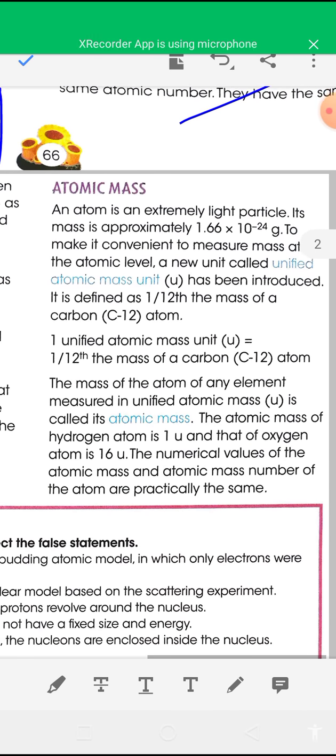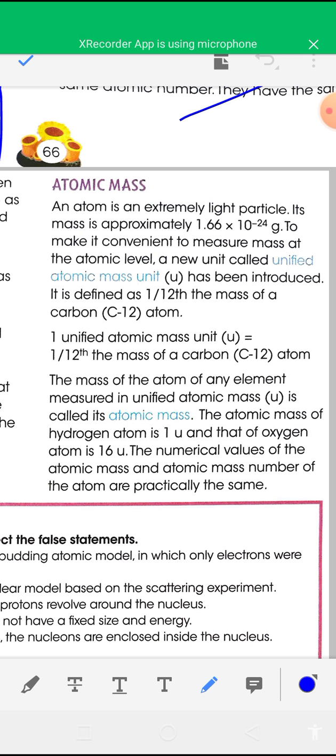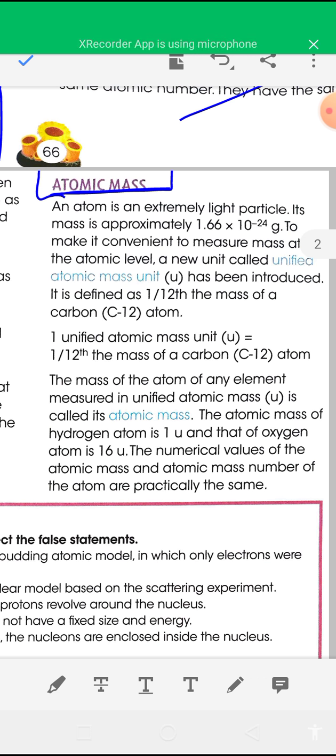Now see what is atomic mass. Atomic mass, in simple words, means the mass of a single atom.